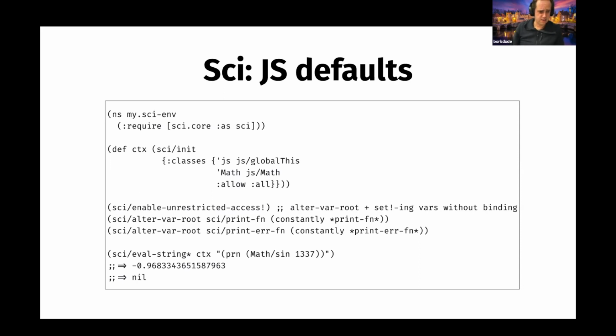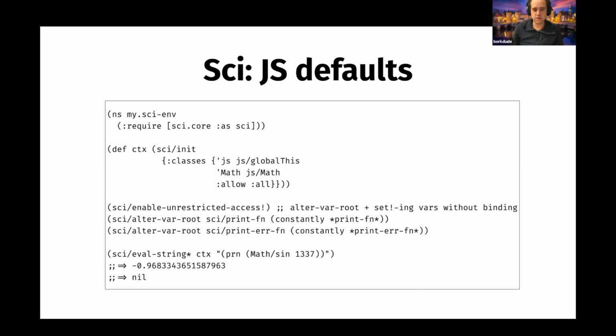And lastly, Sci also doesn't let you print anything by default. So if you want to allow printing in ClojureScript, you can set the *print-fn* and *print-err-fn* to the host's print fn and print err fn. So this is basically what you need to do if you want to create a JavaScript environment, a ClojureScript environment that allows you to do everything.